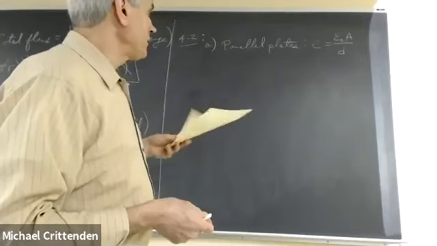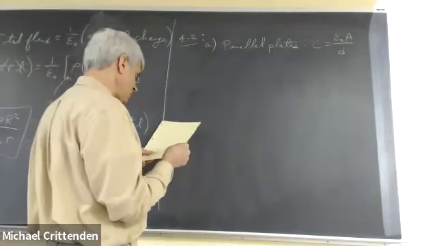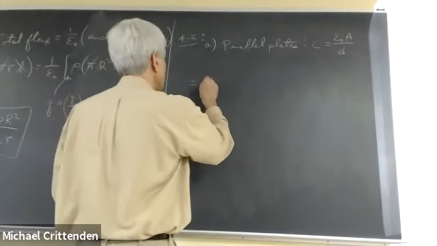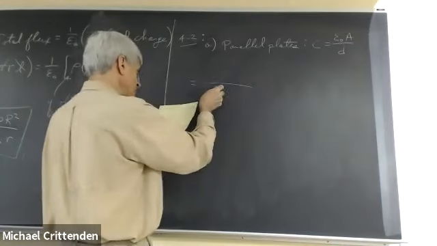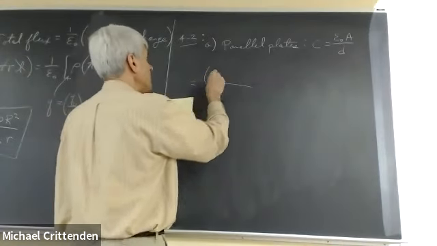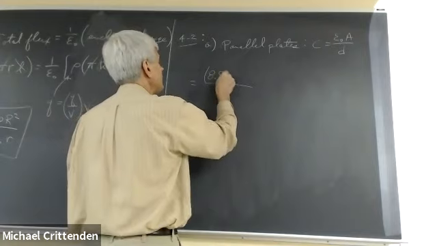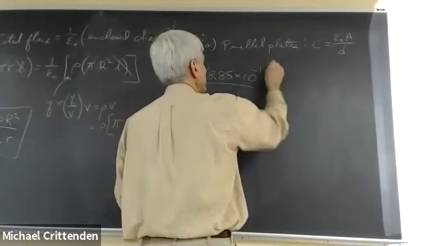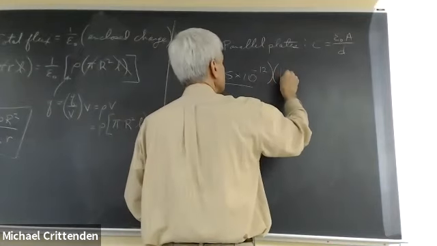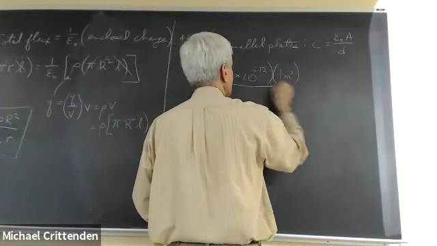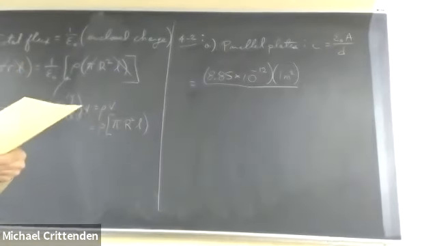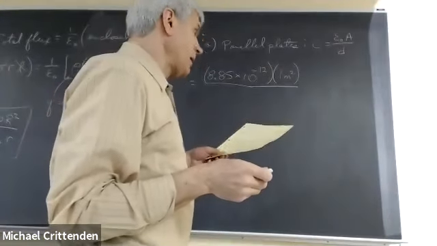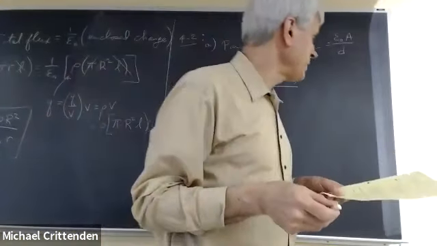Well, the area and the distance between them are both given in the question. So the permittivity, epsilon, is 8.85 times 10 to the negative 12th power. It says in the question that the area of each plate is a square meter, and the distance between them is a millimeter.